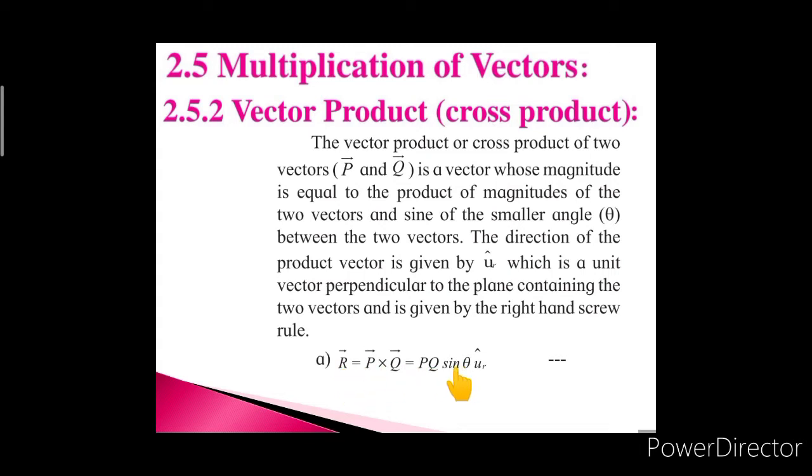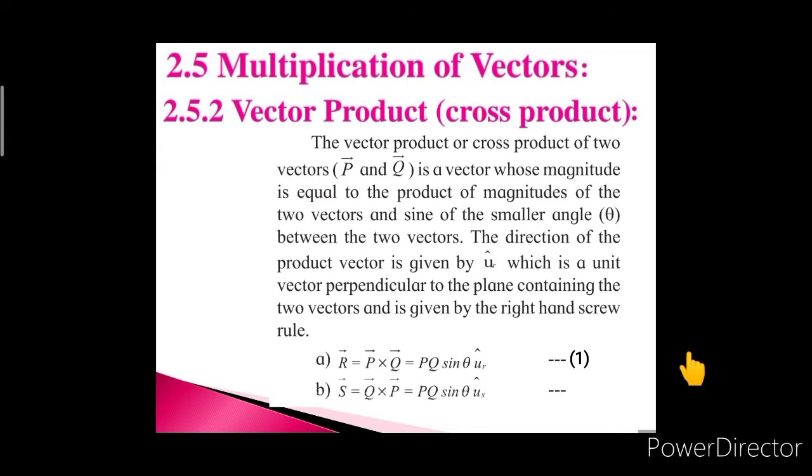The magnitude is given as the product of magnitudes of the two vectors and the sine of the smaller angle theta between them. So PQ sin theta is the magnitude of vector R, and r cap is the direction of vector R, which is always perpendicular to the plane containing vector P and vector Q. Give it equation number 1.